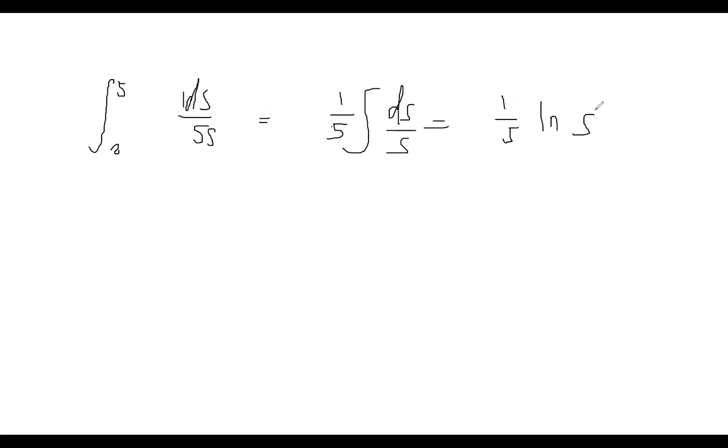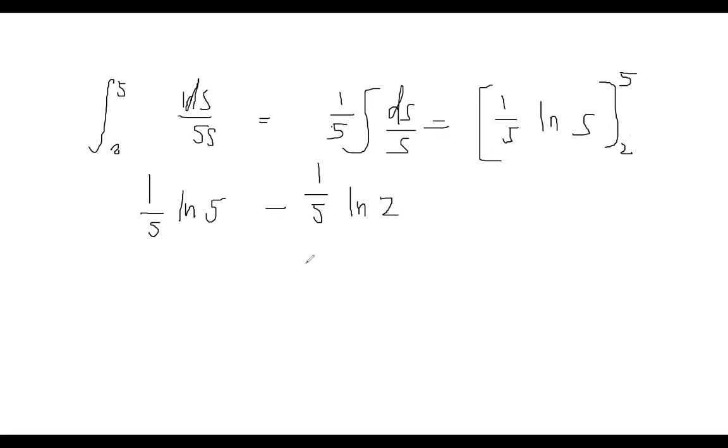If it were indefinite, this would be what we are looking for. However, since there are boundaries, we just have to substitute the boundaries 2 and 5. So 1/5 ln 5 minus 1/5 of ln 2.